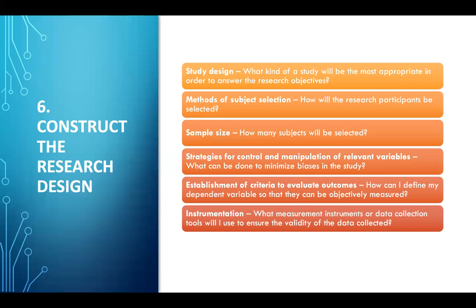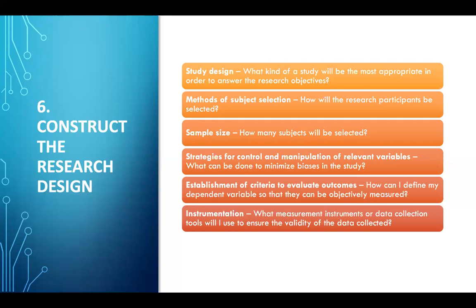So, depending on your research objectives, there are many possible research designs which you can formulate. Actually, each has its own strengths and weaknesses. So you have to maximize both its internal and external validity.